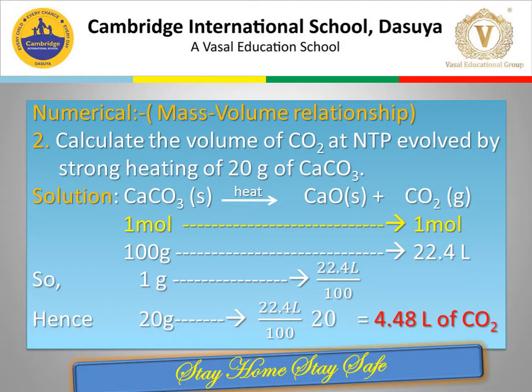So 100 gram of calcium carbonate when heated will give 22.4 liters of carbon dioxide in terms of volume.